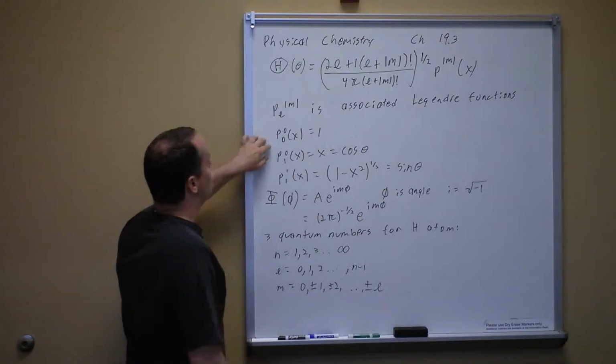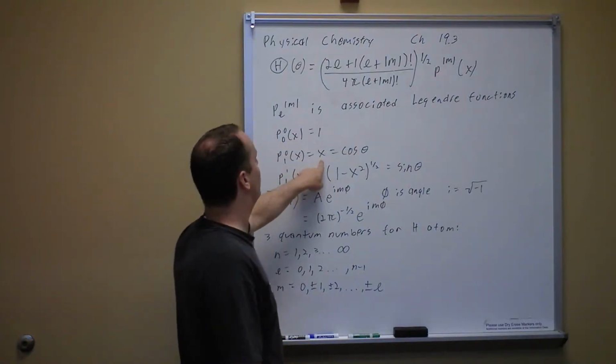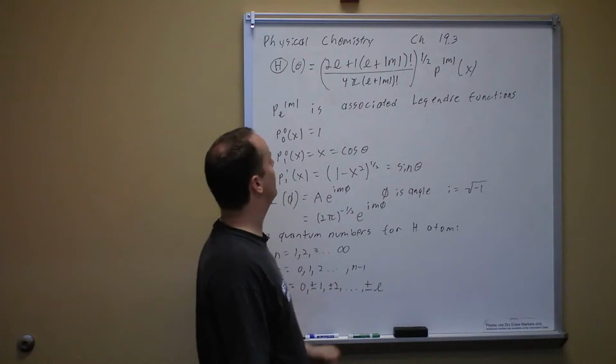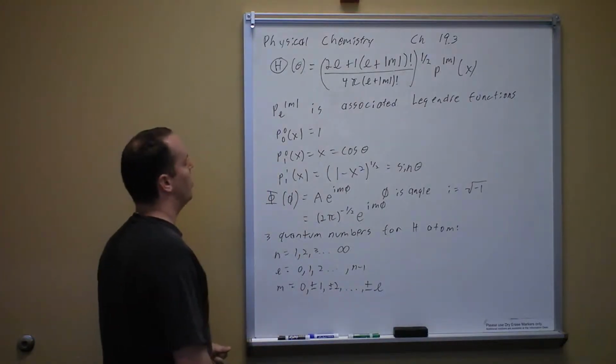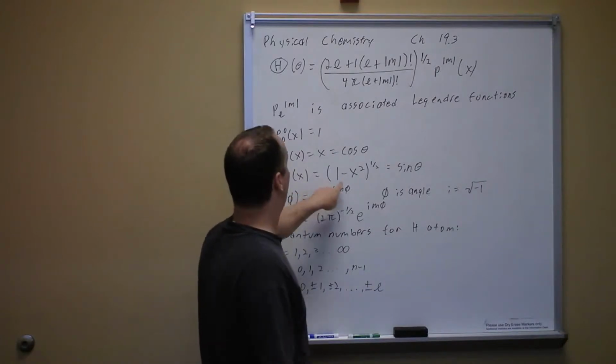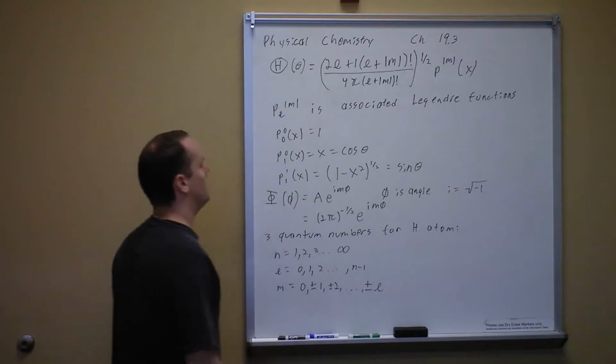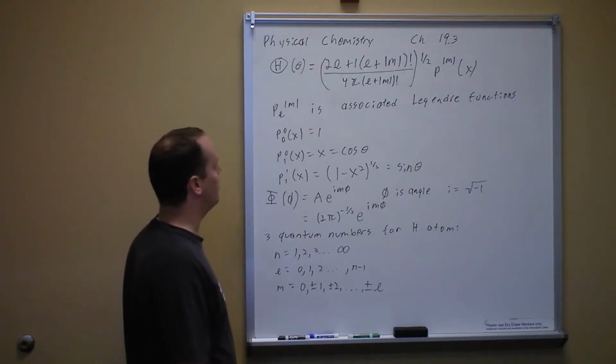So as an example, P of 0 of x, that's 1. P to the 0 of x is equal to x, which, remember, converting from spherical coordinates is cosine theta. And then P to the 1 of x, that's 1 minus x squared to the 1/2, which, converting from spherical coordinates, is sine theta.